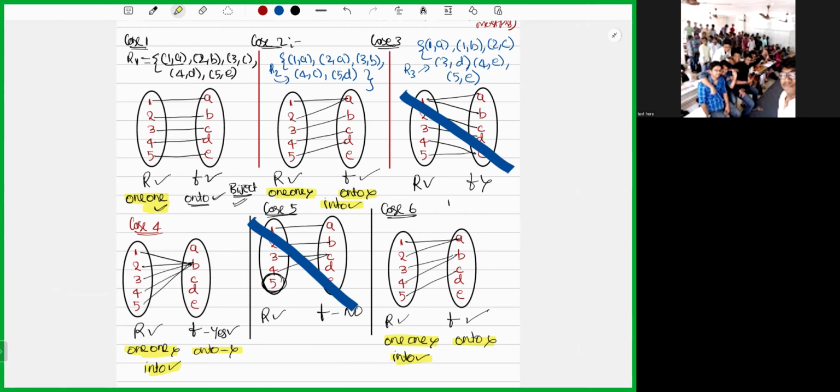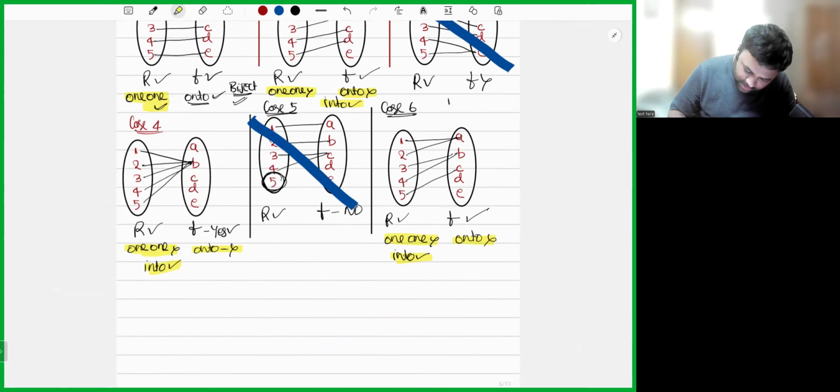Okay, if there is no doubt, let's see a few examples.